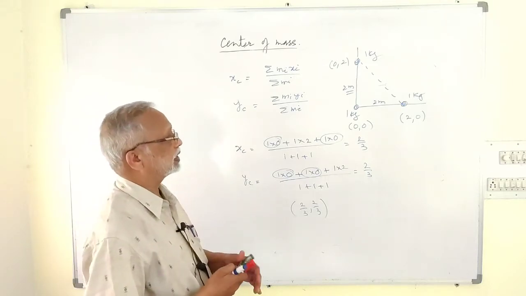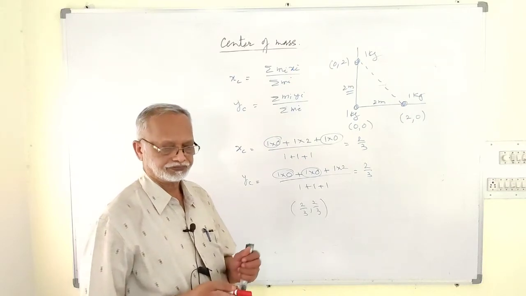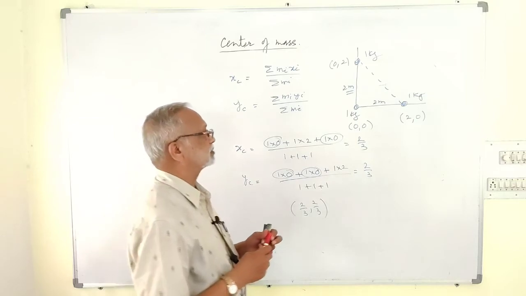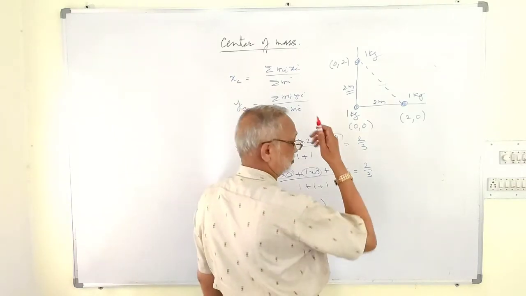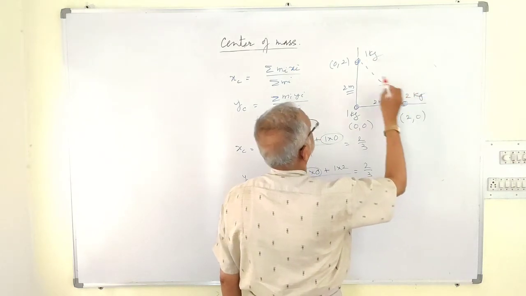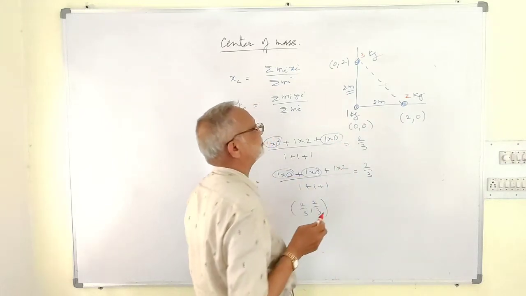Now let us consider a case where the masses are different. Suppose 1 kg is at the origin, 2 kg on the x-axis, 3 kg on the y-axis.